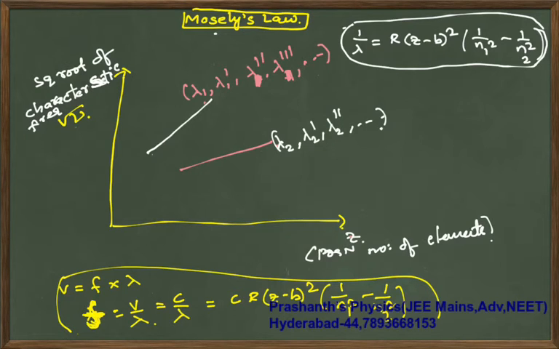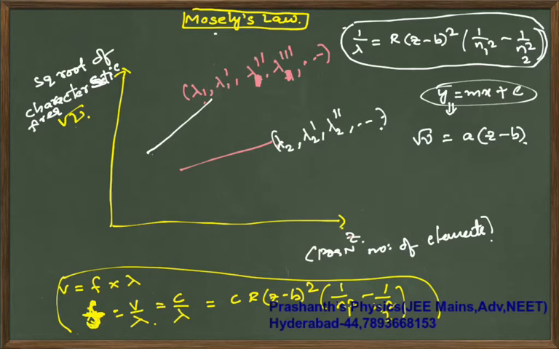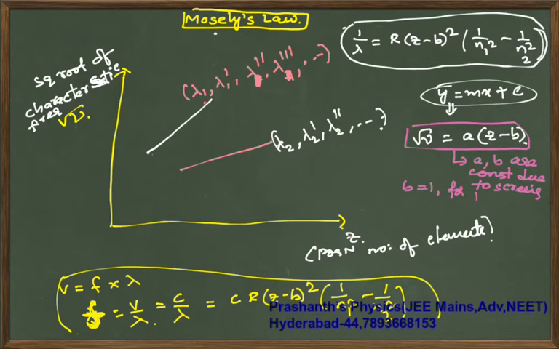Now from this straight line, how did he relate it? You will have an equation in the form of y equal to mx plus c, right? Similarly, your characteristic frequency, root nu, is a times (Z minus b). This is what he gave, where a and b are constants due to screening, and b is equal to 1 for K alpha X-ray.